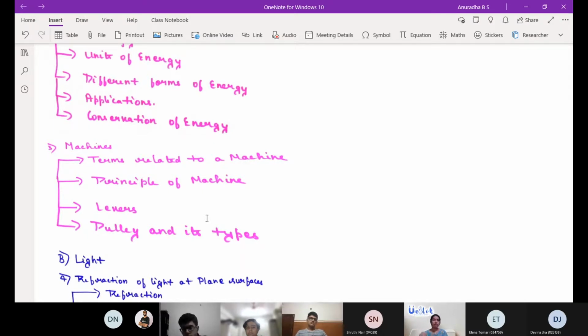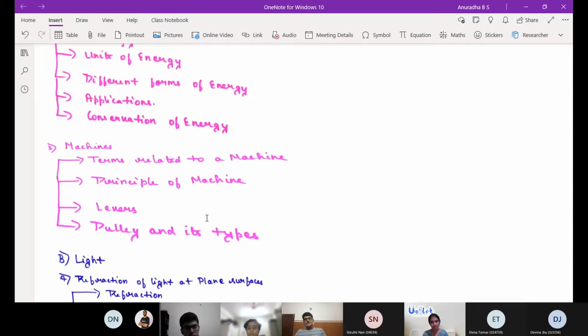Whenever I give some input, suppose your computer programs, you just type a program, and then you normally expect an output from it, right? In the same way, whenever a machine does some work, we normally expect an output.